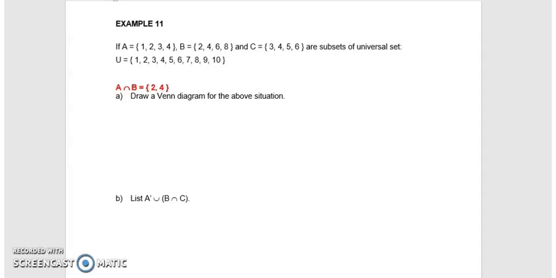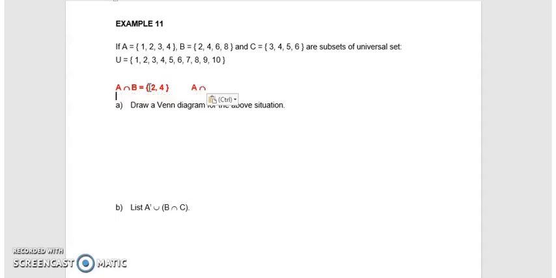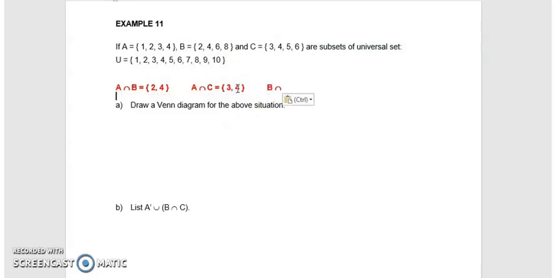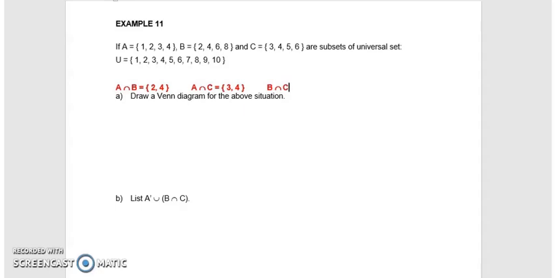Next, find A intersect C. That is 3 and 4 only. And last one, B intersect C, which also equals C intersect B. So B intersect C is 4 and 6.